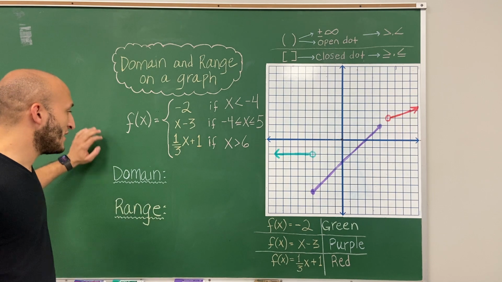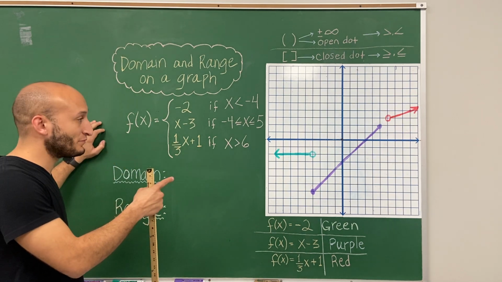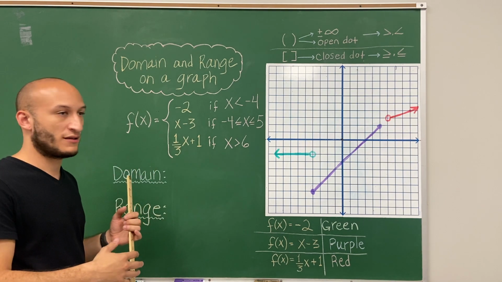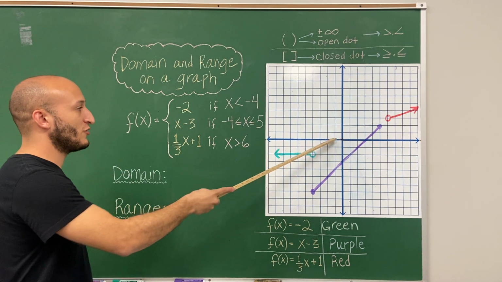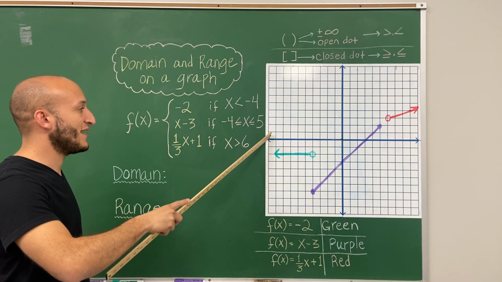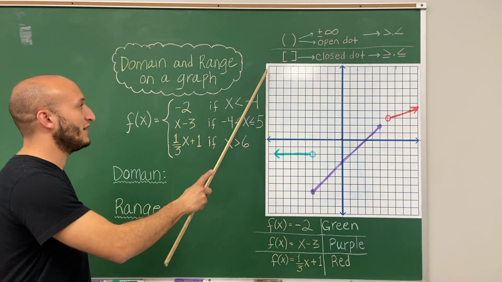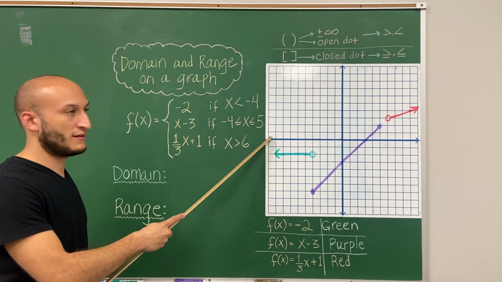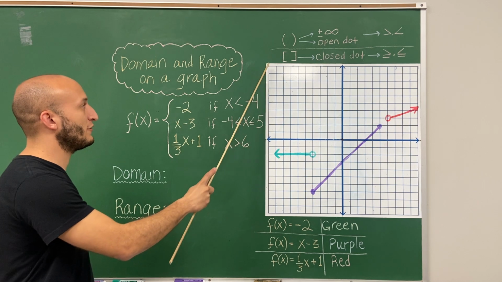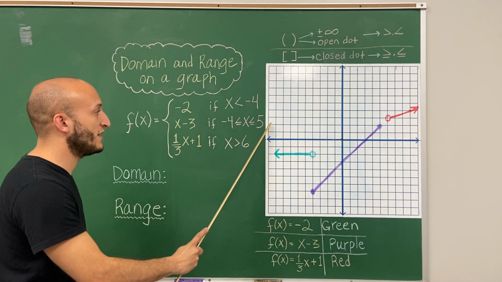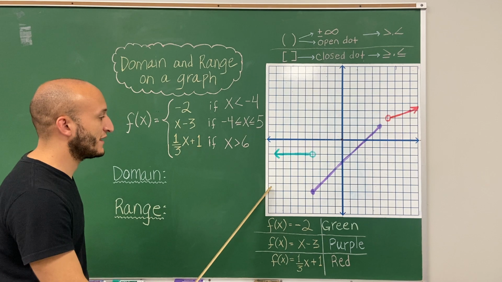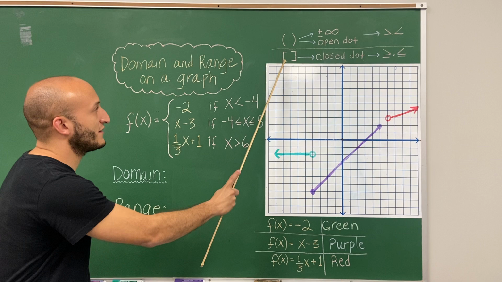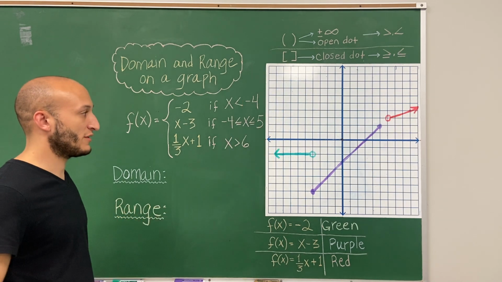Remember, domain is, if I'm looking at my graph, I'm going to my x-axis and saying, do I have a value there? Or starting on my x-axis and saying, will I see, let's say if I go to x equals positive 10, all of this whole line here would be the same value of x equals 10, x equals 9, x equals 8, and so forth.